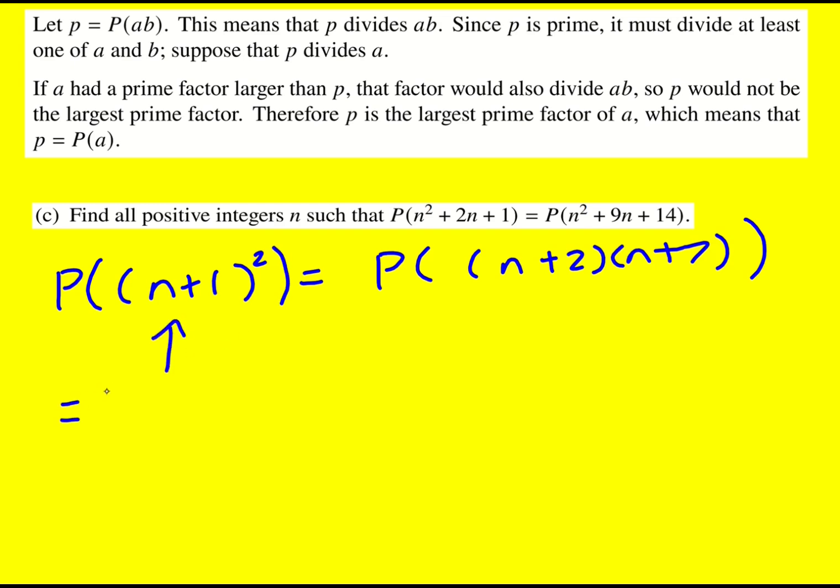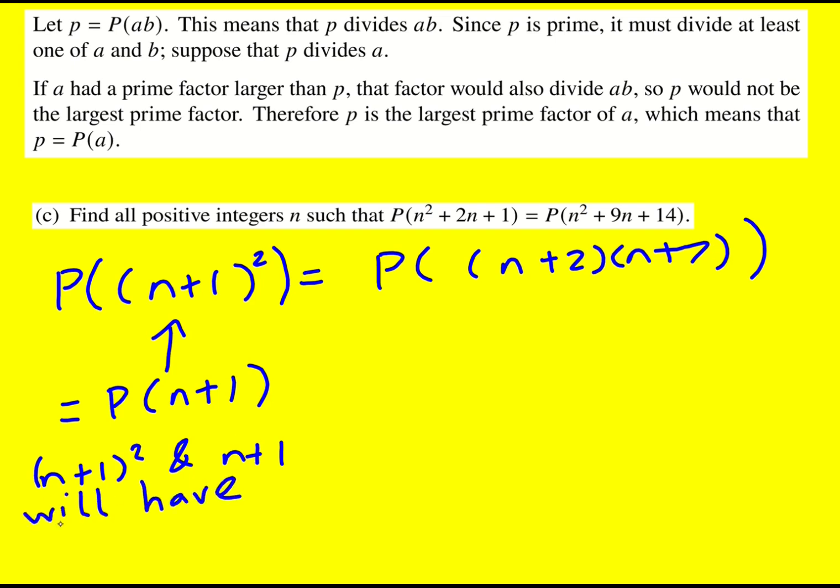Now this is simply going to be P(n plus 1), because n plus 1 squared and n plus 1 will have the same largest prime factor. It's just in the second one I've squared it.